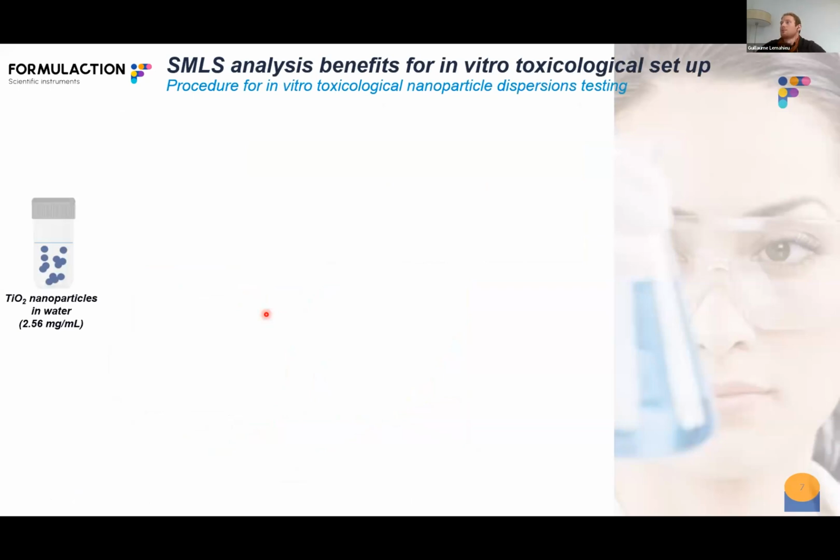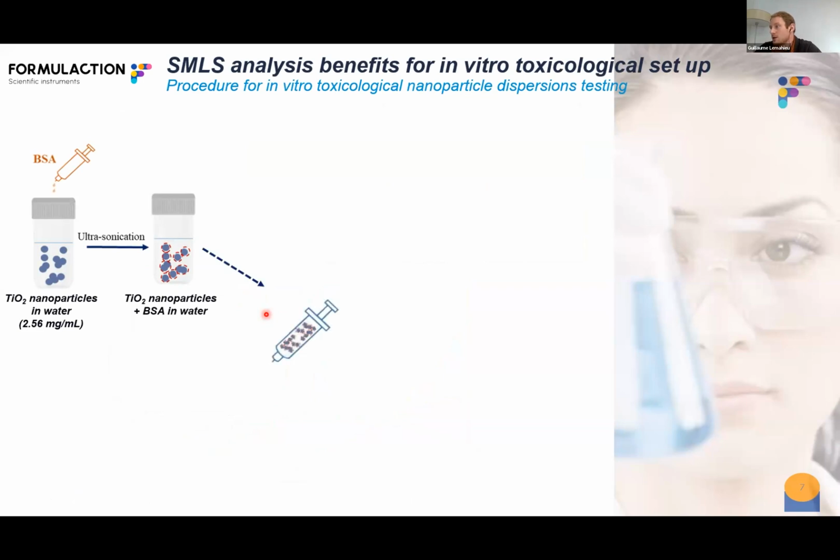Now, more on the procedure for in vitro toxicological nanoparticle dispersions. We begin with titanium dioxide nanoparticles dispersed in water, in which we have added some BSA to ensure, after ultrasonication, that the titanium dioxide nanoparticles are well dispersed.